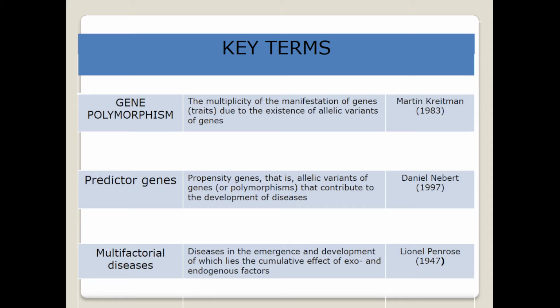This term was given by Daniel Norbert, 1997, and refers to propensity genes, that is, allelic variants of genes or polymorphisms that contribute to the development of disease. Next, multifactorial disease.